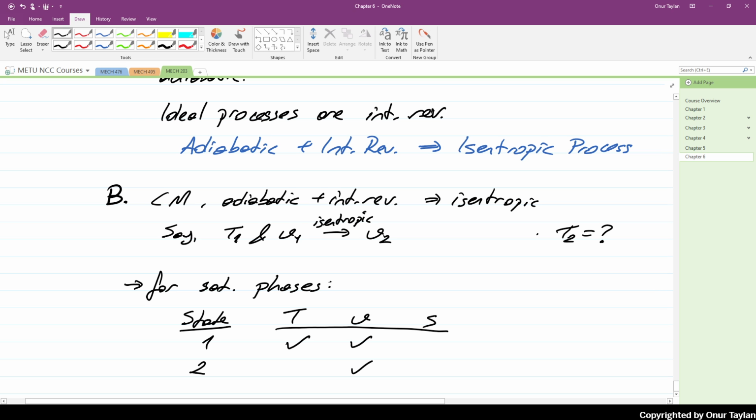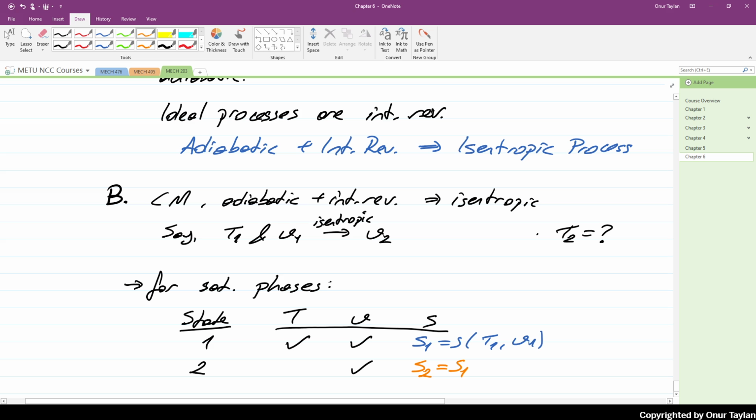So what you can find from the first state using the tables is S1, because this S1 is S at T1 and V1. So from the tables, you can find this S1. And then since it is an isentropic process, S2 is equal to S1.